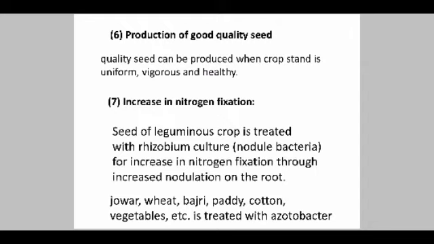The seed of cereals or monocotyledonous plants such as jowar, wheat, bajri, paddy, cotton, vegetables, etc. is treated with azotobacter. For sugarcane, acetobacter or azospirillum is used. It is a species of bacteria, useful for the same reason of nitrogen fixation.